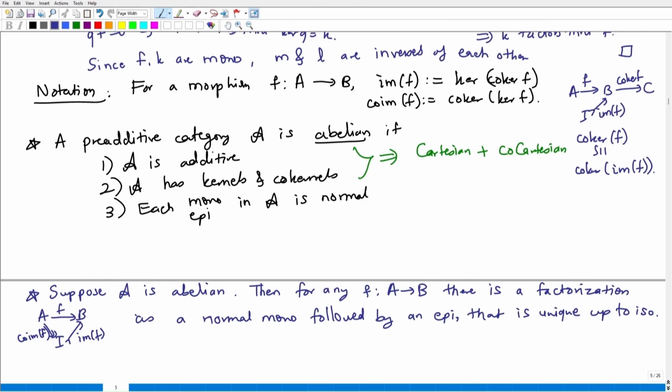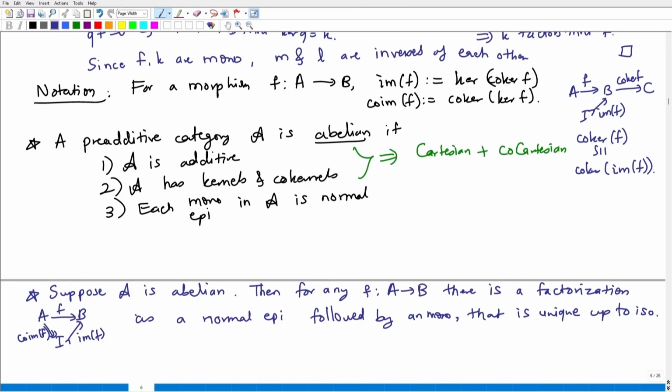As a normal epi followed by a mono. Yes, thank you. I mean, both versions. Actually, both of them are normal. We are working in an abelian category, but the epi comes first. Yes, that's correct.